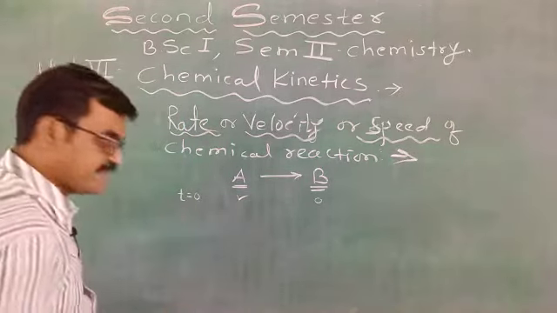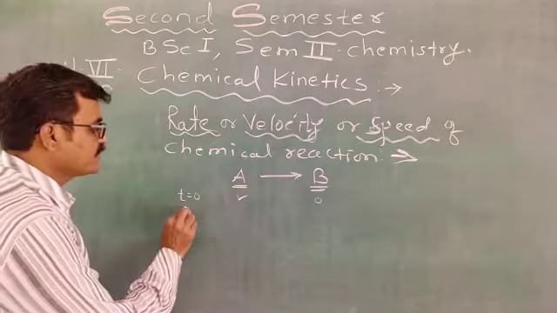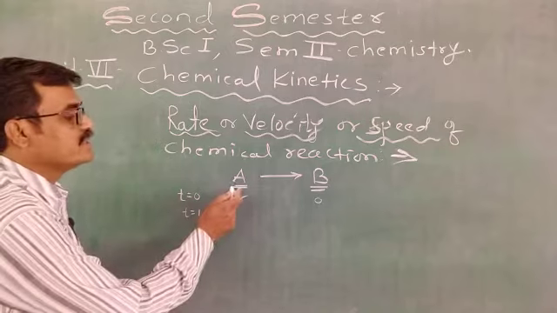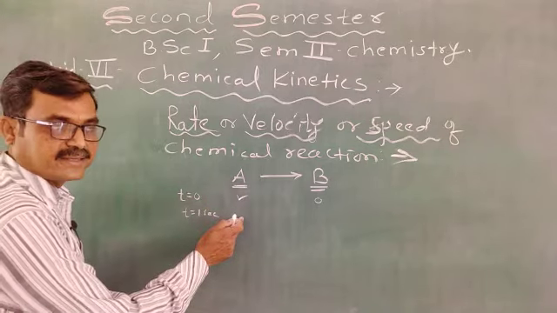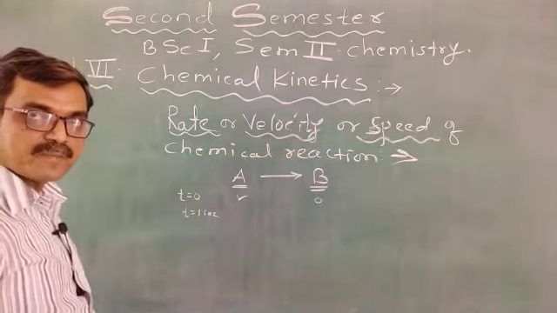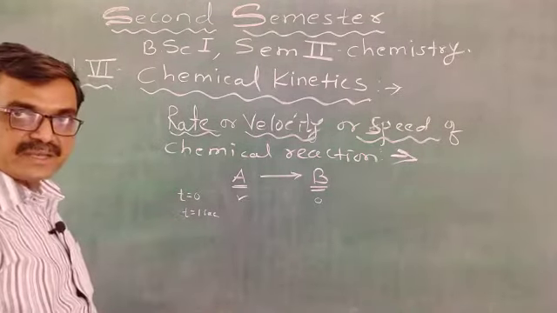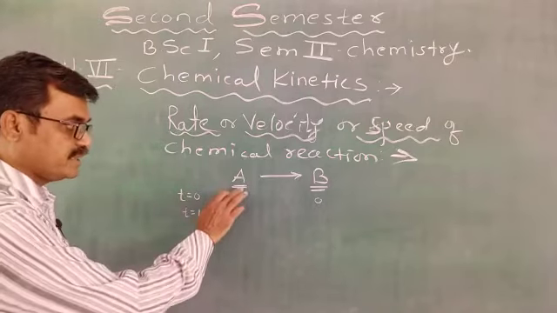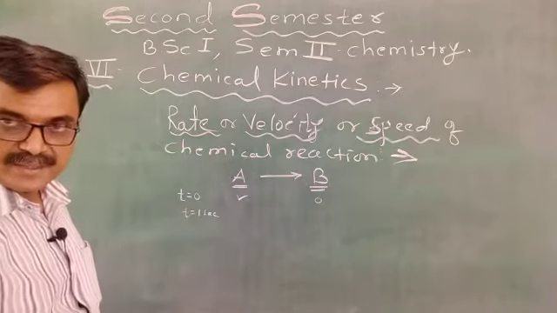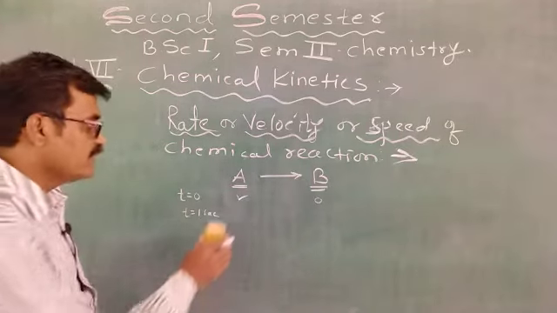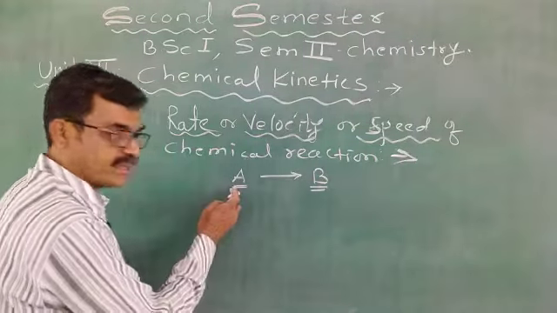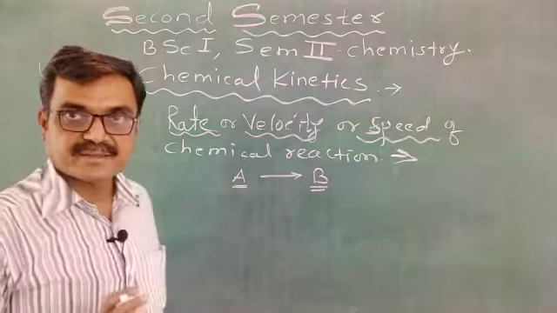And as the reaction starts, means time will be 1 second, the concentration of A decreases, the concentration of B increases. Means in any chemical reaction, before the reaction there are only reactants, products are not present. And as the reaction starts, the concentration of product increases and the concentration of the reactant decreases.